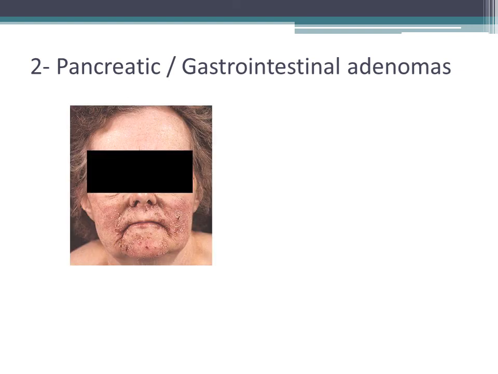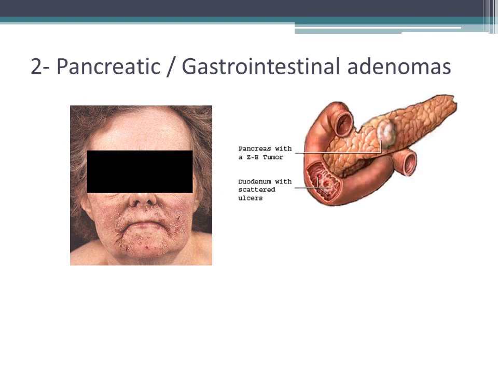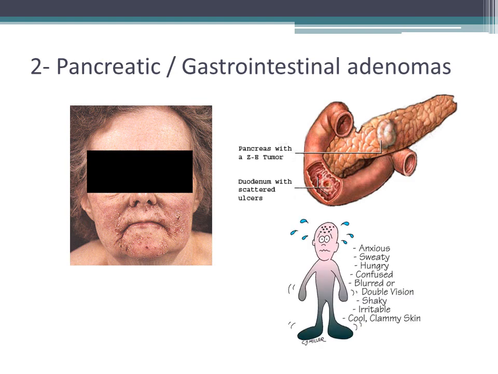So this is an example of glucagonoma with this typical facial rash. The picture at the bottom right, somebody presents with anxiety, sweating, hunger, confusion. What do you think is the type of tumor in their pancreas? It's most likely insulinoma.